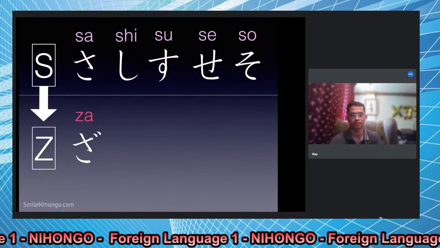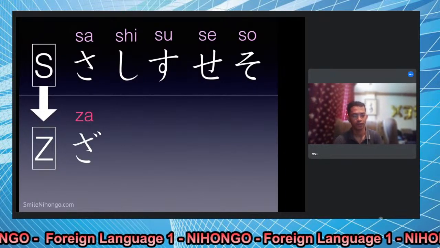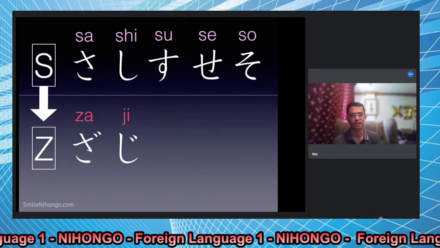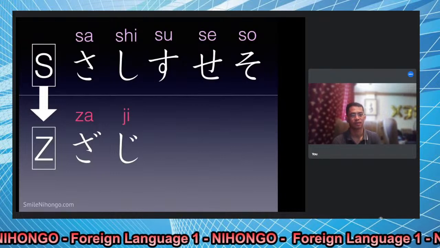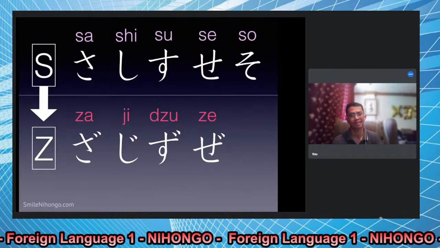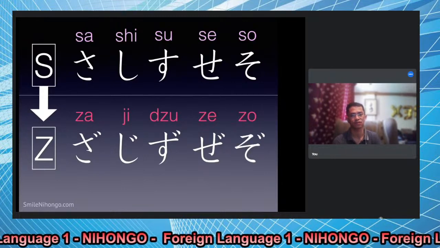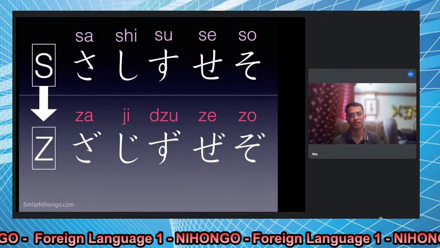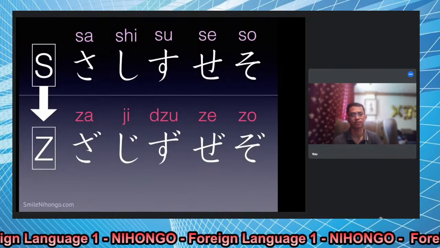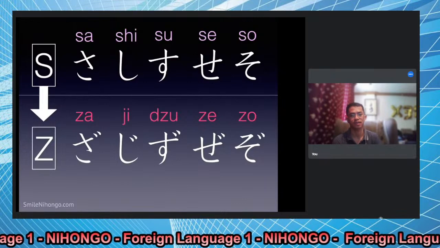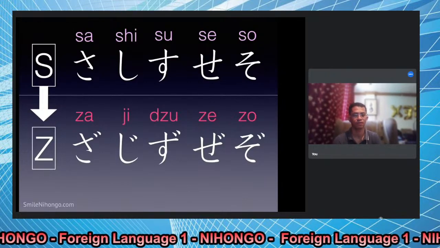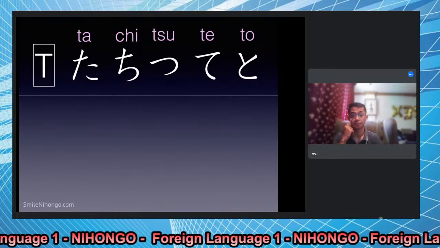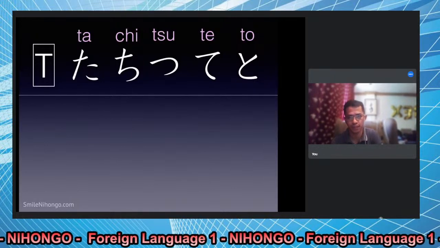Add ten-ten to the upper right corner of each letter. So this is za, ji, zu, ze, zo.